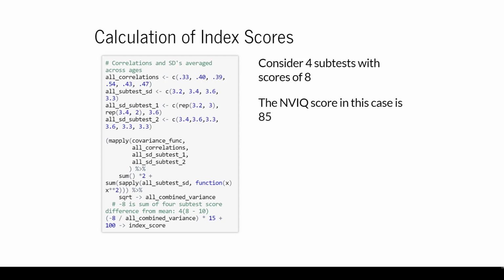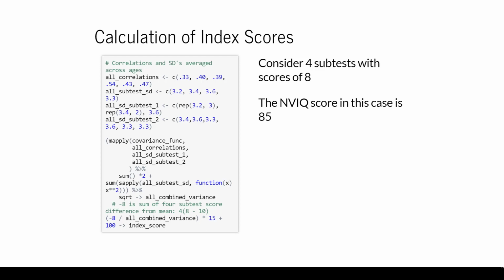I averaged across, and plugged it into this function that will calculate an index score. So now we're setting this equal to an index score with a mean of 100 and standard deviation of 15, and calculating what this would equate to with 4 subtests with scores of 8. We find that the nonverbal IQ score using this formula is an 85.